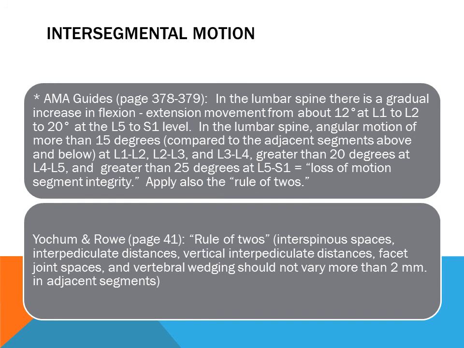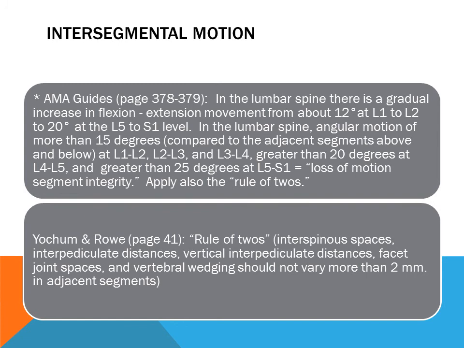Well, let's think about it. If it was 12 degrees at each level, which it's not, it says the AMA guide says it increases to 20 degrees at L5S1, but let's just say that it was 12 degrees at each level. Well, there's 5 levels. That would be 60 degrees of total angular motion.